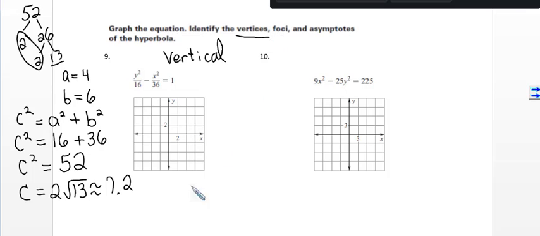Starting with the vertices, our vertices are going to be 0, plus and minus a. Our a is 4. So 0, 4, and 0, negative 4.